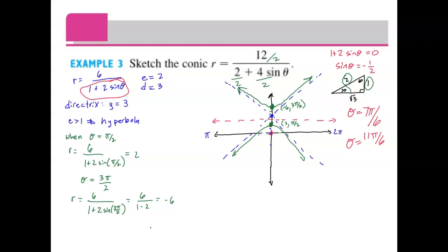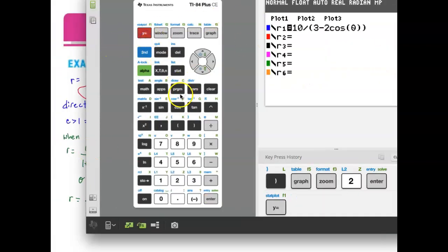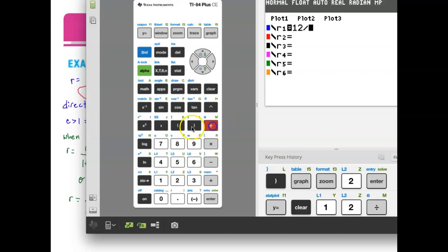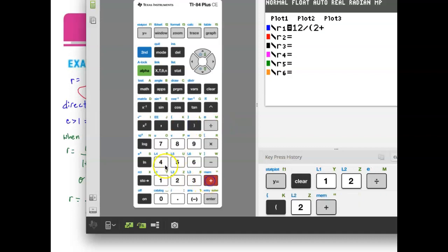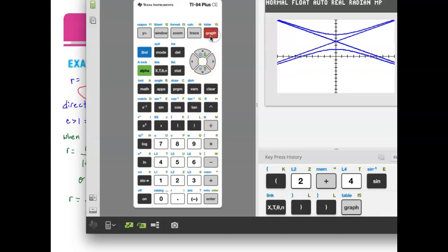All right, and again, I'll just verify that in the calculator. Y equals, what do we have now? 12 over 2 plus 4 sine theta. The calculator actually has an issue with asymptotes.